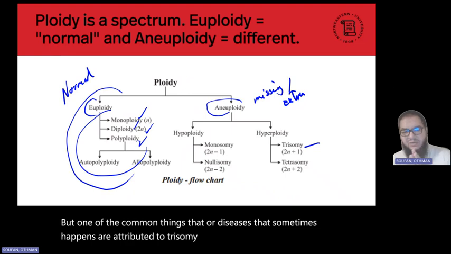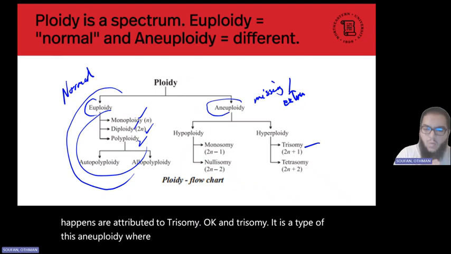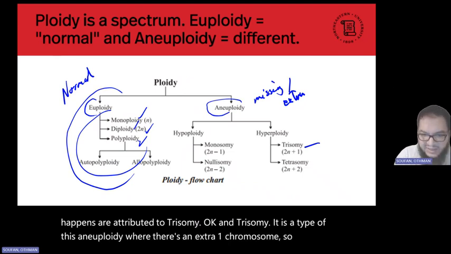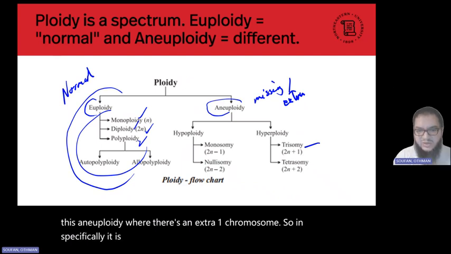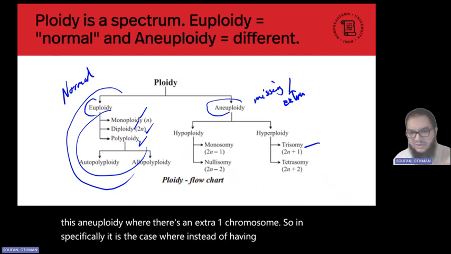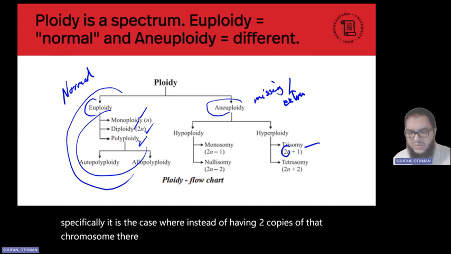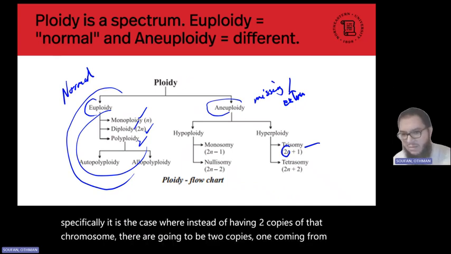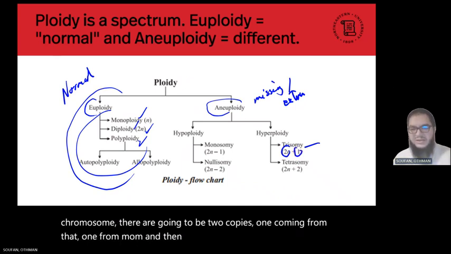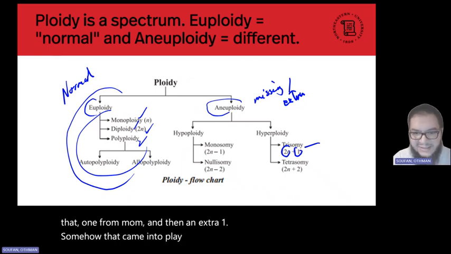Trisomy is a type of aneuploidy where there's one extra chromosome. Specifically, instead of having two copies of that chromosome, one coming from dad, one from mom, there is an extra one that somehow came into play, instead of the usual pair.